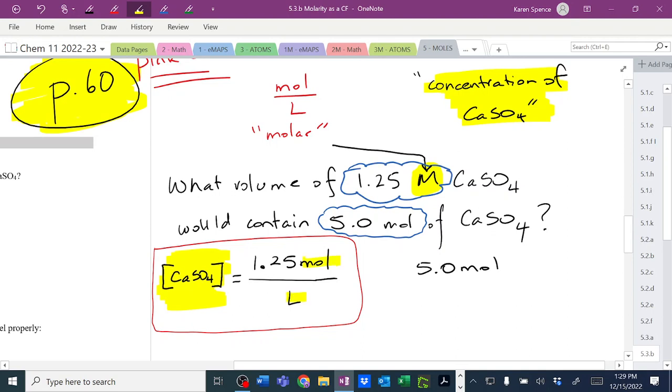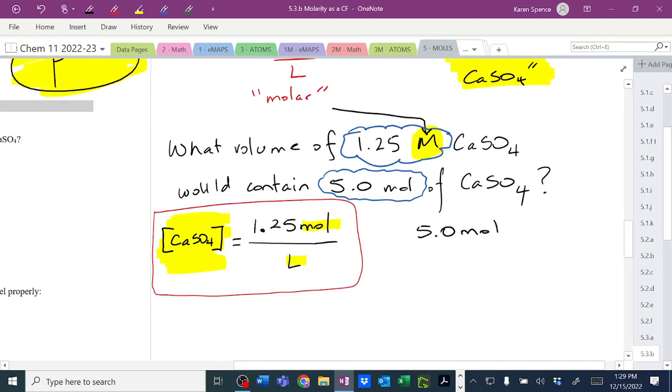It's got moles and it's got liters, so it can be used to convert between moles and liters.